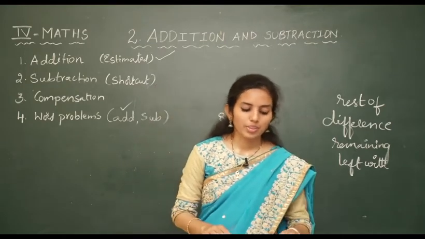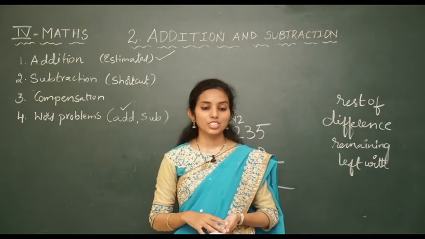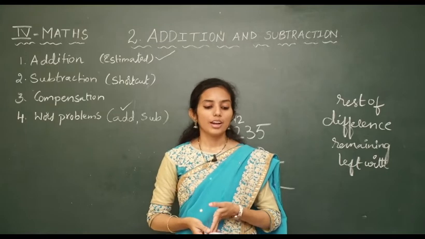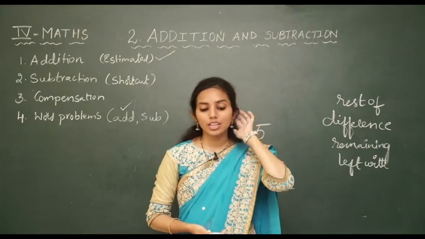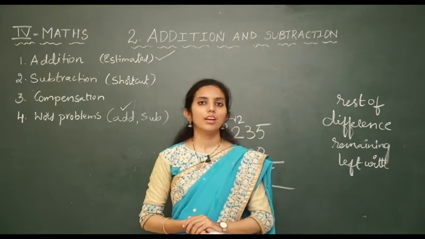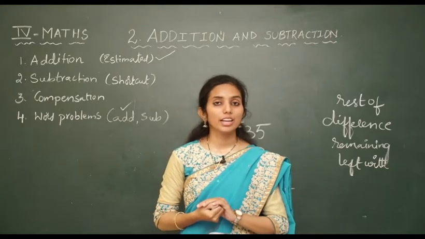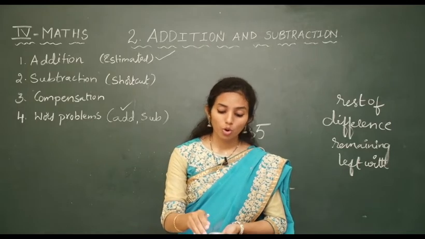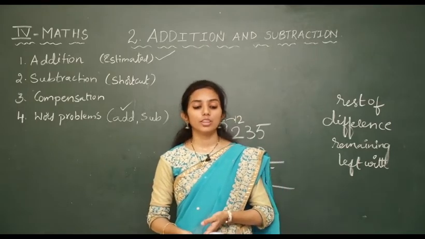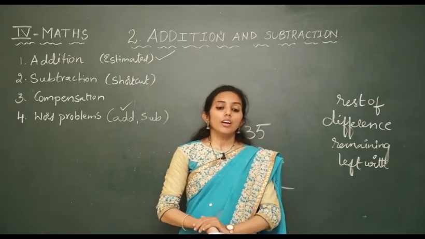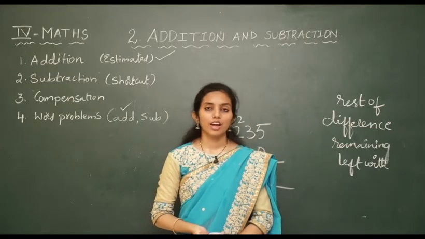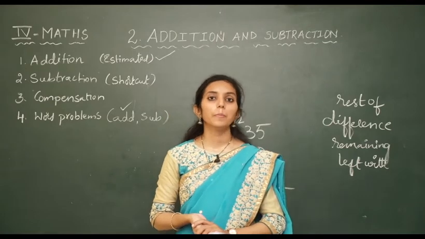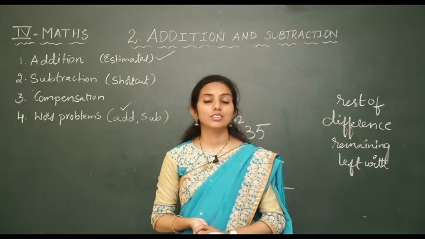Now next problem. There were 68,985 people in a town, and after the earthquake only 13,469 people survived. So find the number of missing people. So in a town there was an earthquake. The total population of the town is 68,985, and after earthquake only 13,469 people are alive, that is they were surviving.